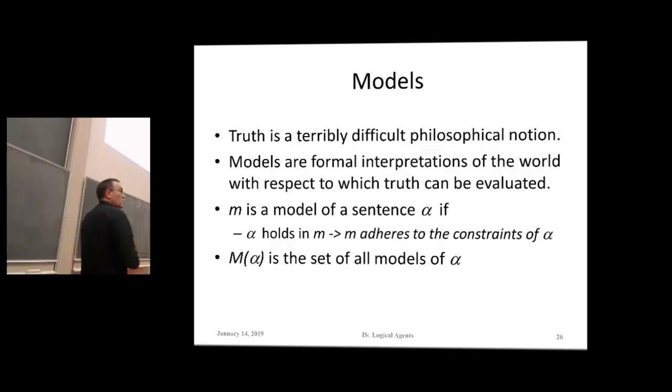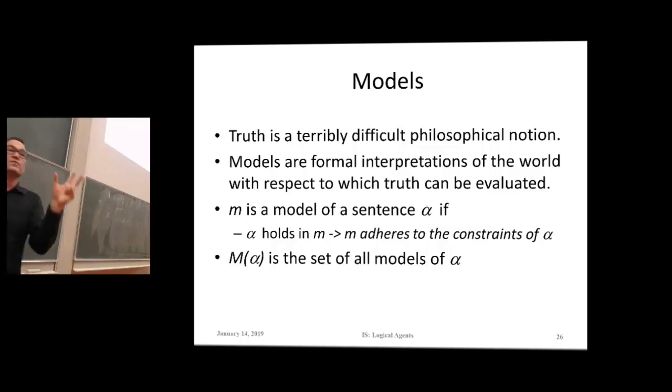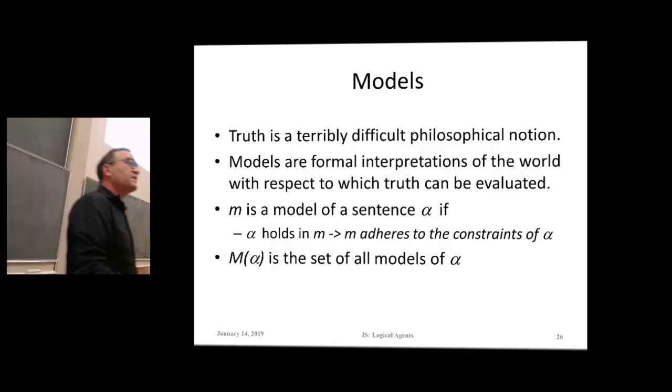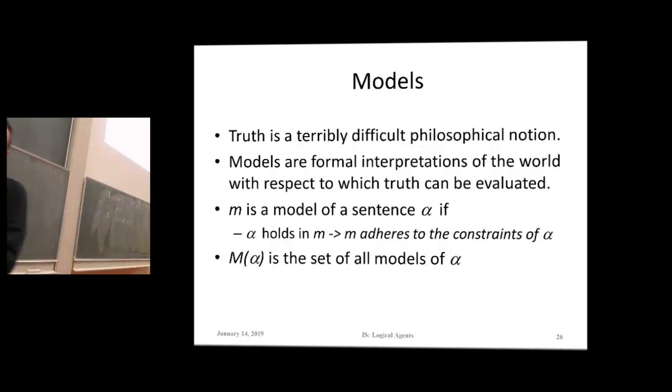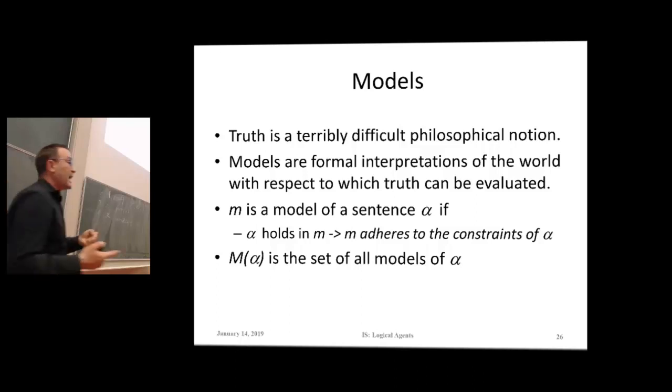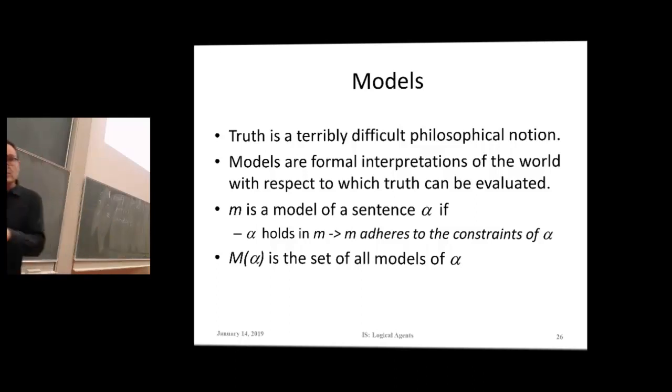And we do that, so we take care in principle of a notion of truth. But philosophically, this is very difficult. We use a very technical definition of truth here. And we do that by the notion of a model. A model is basically a formal interpretation of the world, and with respect to this we can define a notion of truth and evaluate whether something is true or not.